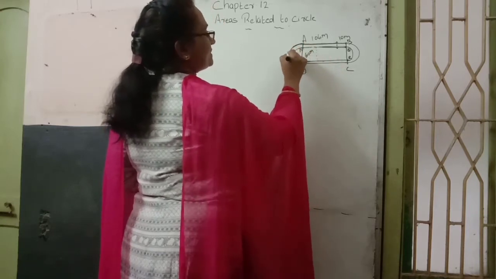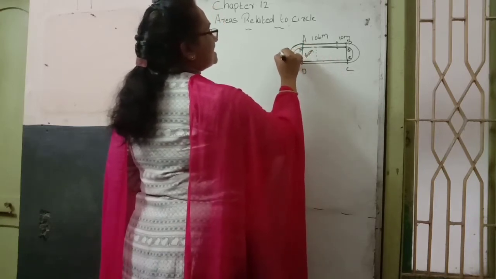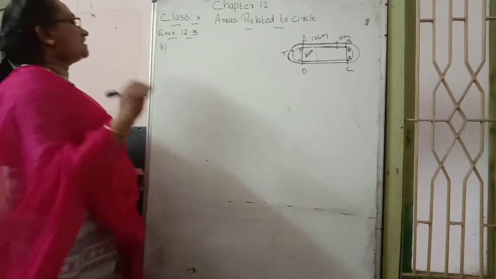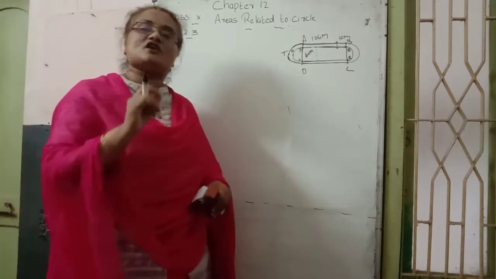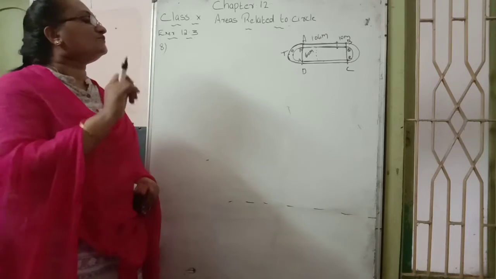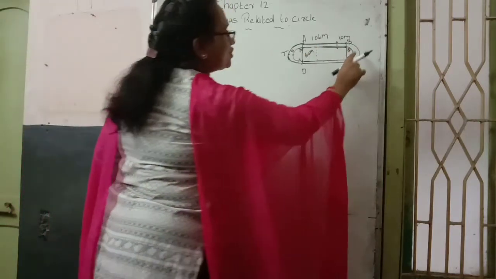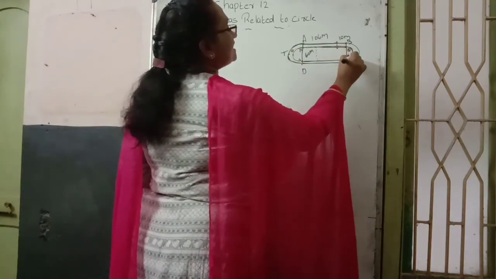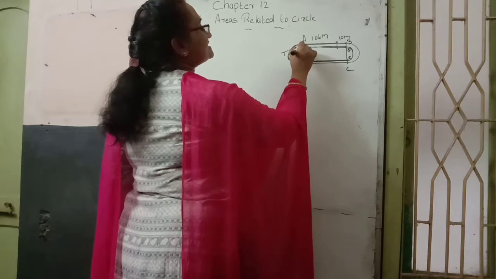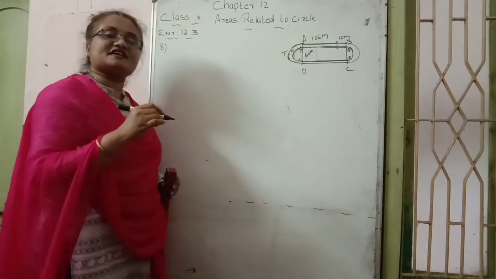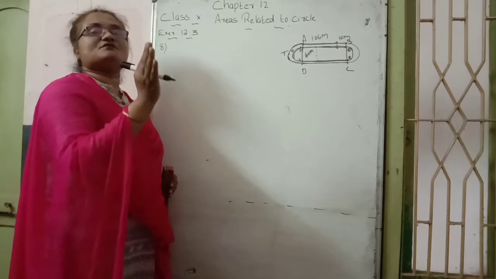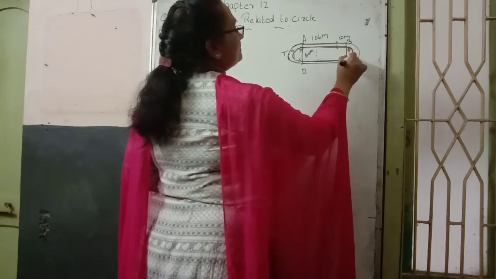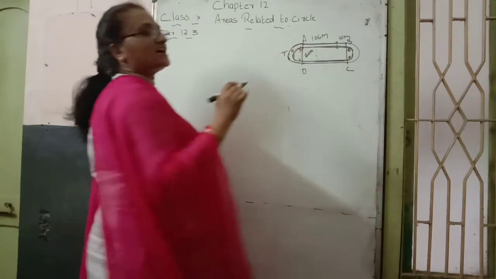For identification, I mark them with letters like T, O, M. What they are asking is to find the distance around the track along the inner edge. Distance means perimeter.